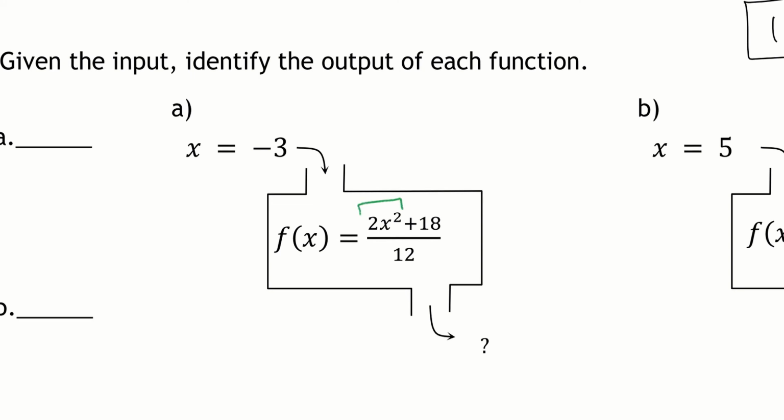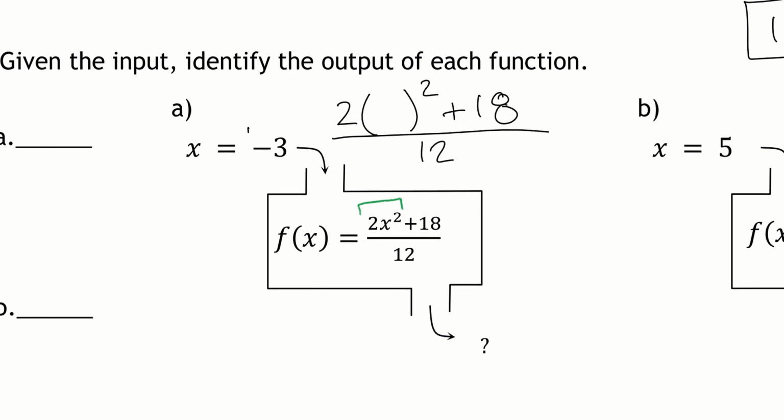here first. The exponentiation is going to happen first, and when I substitute into a function, I always intend to use parentheses. If I don't do it, I'm doing something wrong. I always intend to use parentheses to show exactly where my input value is going.